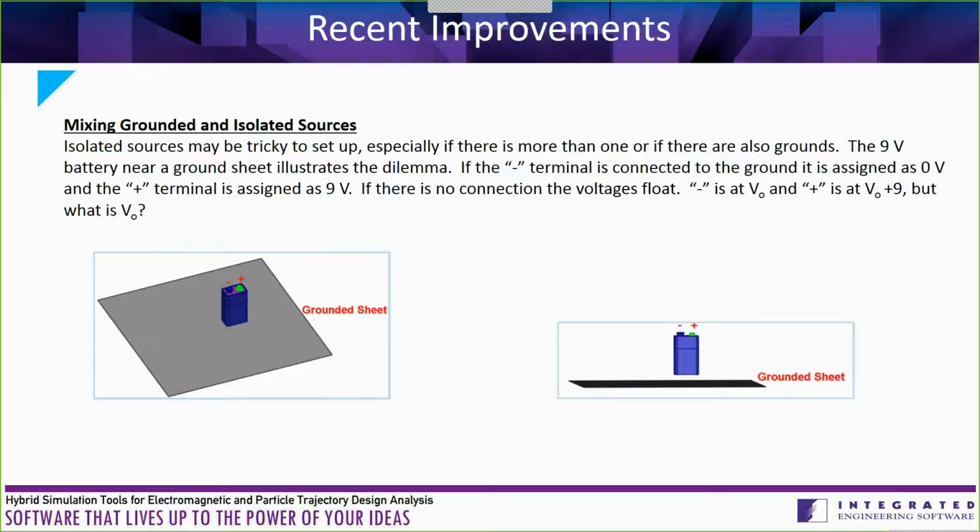So that's what you see here conceptually. I know that my zero terminal is not actually zero. I'm going to call my ground sheet zero. I know that my minus terminal is something. And then my 9-volt terminal is the same something plus 9.